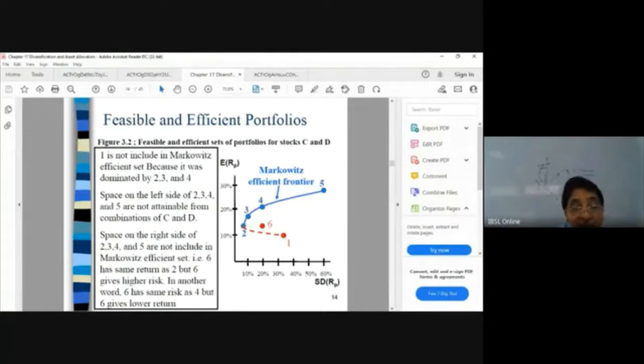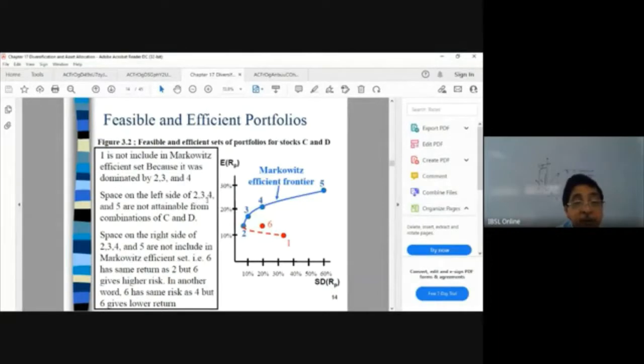You can see why it is non-efficient, because it is below this set of points. That is why we put it as inefficient, because it doesn't come into this particular frontier. That is the reason.